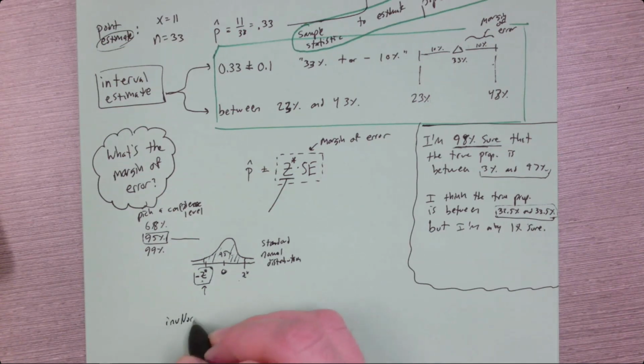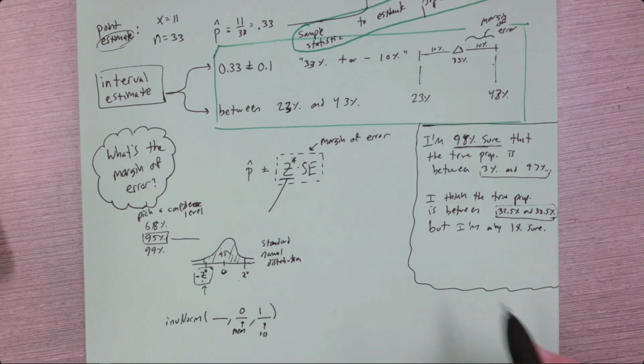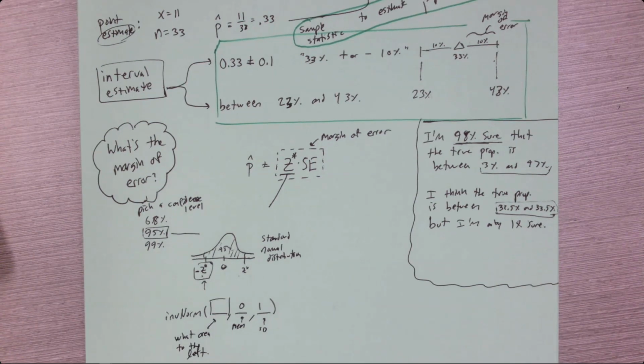So the inverse normal function, we're using the standard normal distribution. So we've got a mean of 0 and a standard deviation of 1. This number is what area is supposed to be to the left of the value we're looking for. So if I'm looking for this z-star value, I want to know what's this area to the left.